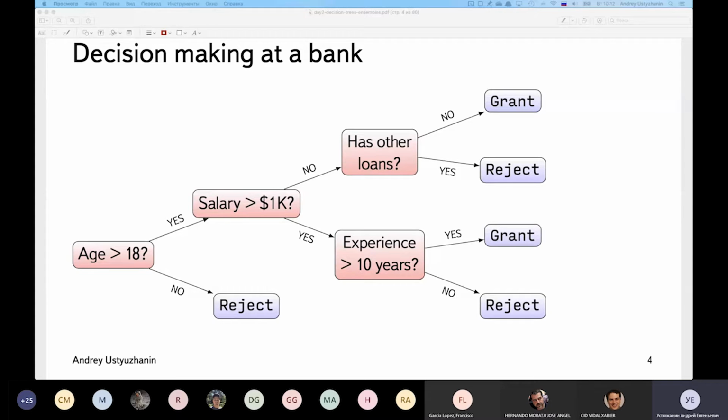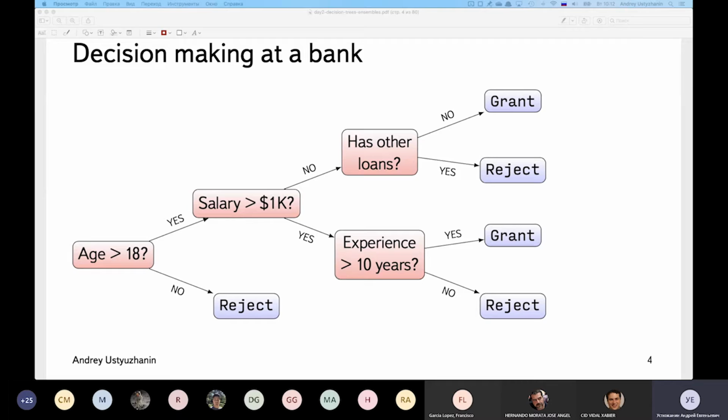So it is a very simplistic one, but you see there are several features that are analyzed through the questions. So the features are, as you see, age, salary, experience, and a binary feature of whether the person has other loans.